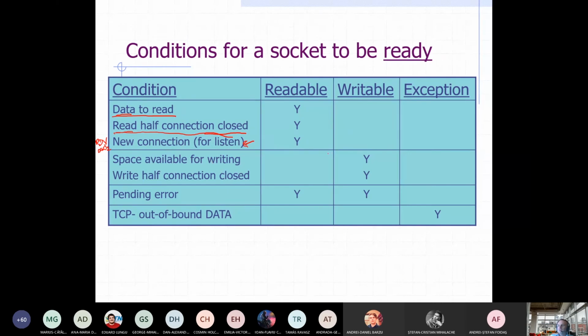On the other side, the writable set returns whenever there is space available for writing. You can write on that socket, and that write call won't block. And when the write half of the connection is closed on that socket.